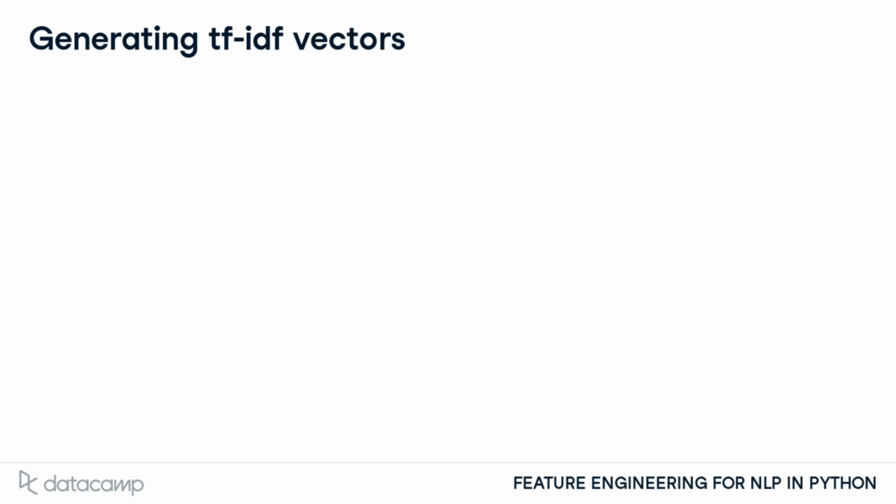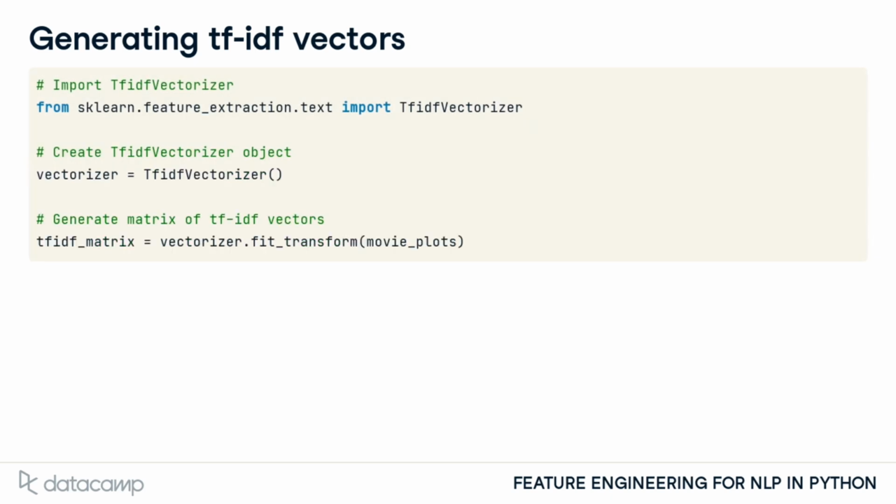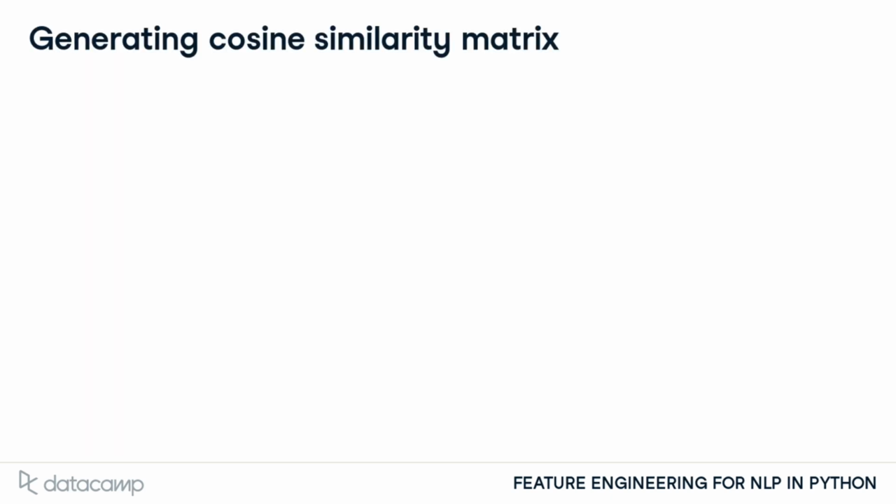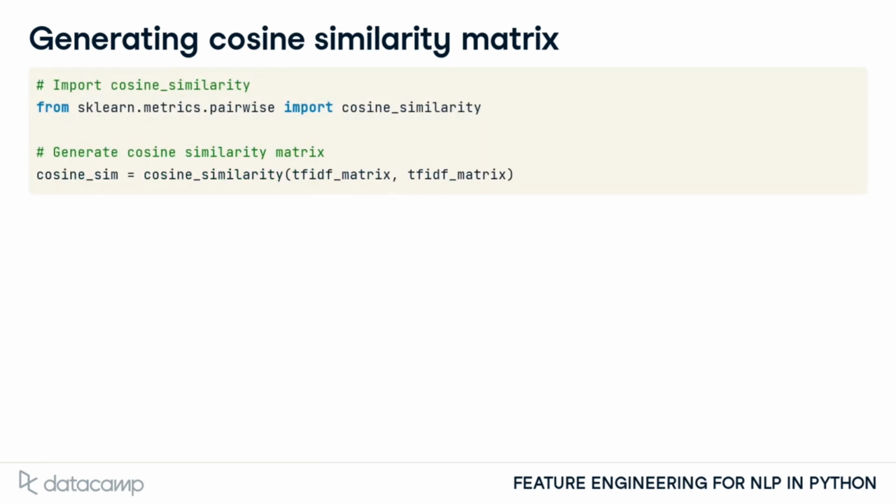Let's say we already have the pre-processed movie overviews as movie plots. We already know how to generate the TF-IDF vectors. Generating the cosine similarity matrix is also extremely simple. We simply pass in the TF-IDF matrix as both the first and second argument of cosine similarity.